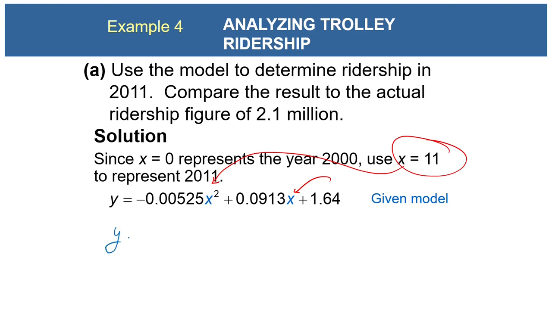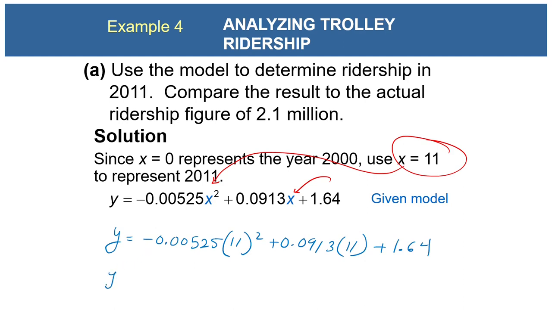We have y equals negative 0.00525 times 11 squared plus 0.0913 times 11 again plus 1.64. So please plug this into your calculator and then simplify.